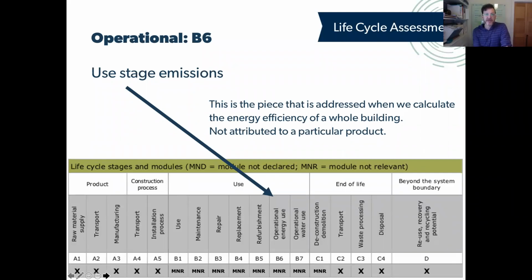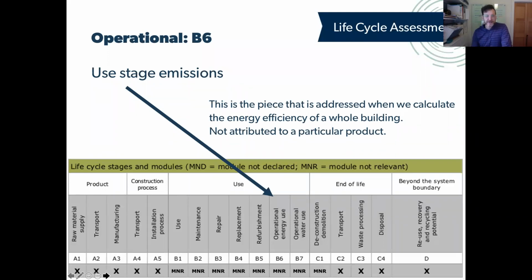So if you are looking at a life cycle assessment for a single product, it's not going to have any figure in B6, because you can't say that my cellulose insulation used X amount of energy or saved X amount of energy over the lifespan of the building. You can only say that the whole building used a certain amount of energy. So that B6 part is its own little slice, and it's a slice that is well addressed in the construction industry already.